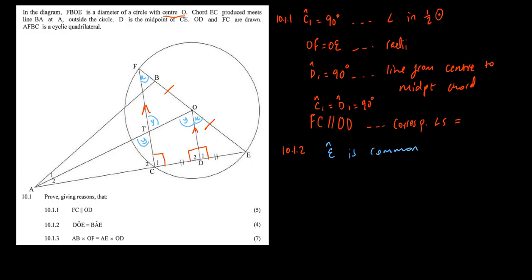But what are we trying to prove here? Wait, here they want you to prove that DOE, which is this one I called X, is equal to BAE. This one. To DOE.